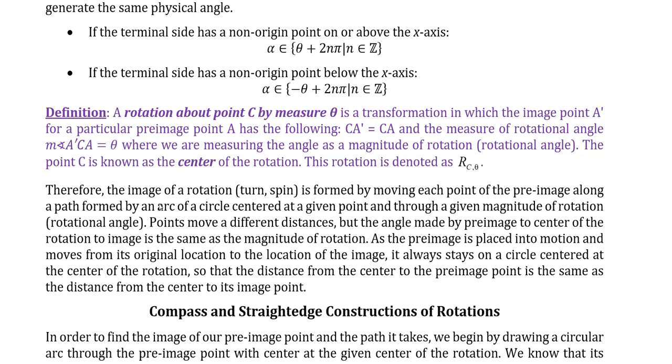As the preimage is placed into motion, it moves from its original location to the location of the image. It always stays on a circle centered at the center of the rotation, so the distance from the center to the preimage point is the same as the distance from the center to its image point.